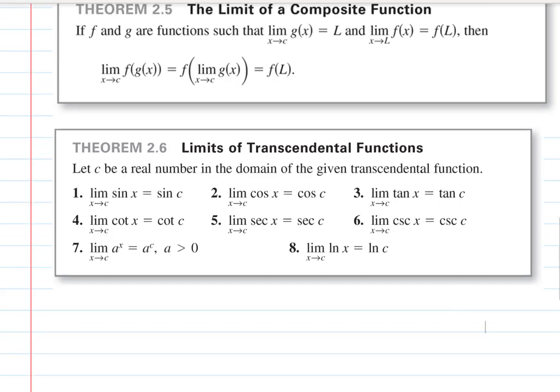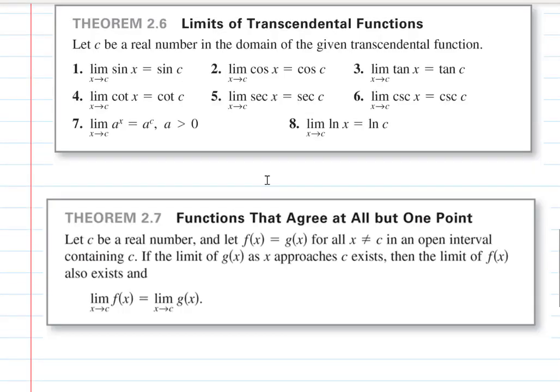limit. And there's one more thing that we already talked about, which is the functions that agree at all but one point. If you remember, when we started talking about limits and started building our intuition as to what a limit was, we saw functions that were identical to other functions except for one point, right? We had a hole at one point.